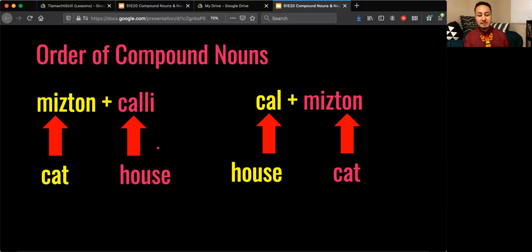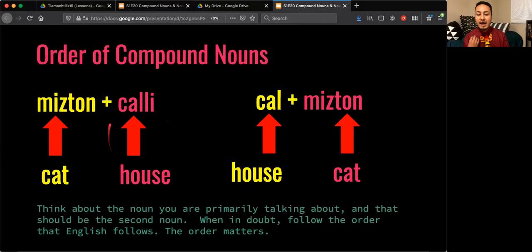But I do sometimes see people break this rule. If you're trying to say cat house but you actually say calmiston, you're saying house cat. You need to pay attention to what you're trying to emphasize. When you're talking about a cat house, your real emphasis is the house, not the cat.